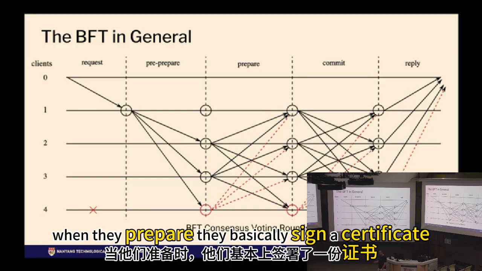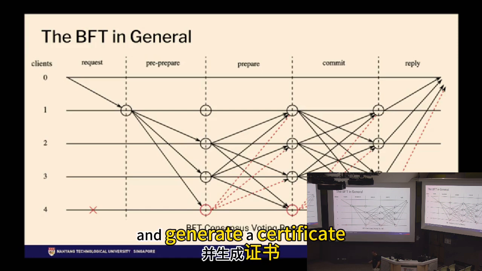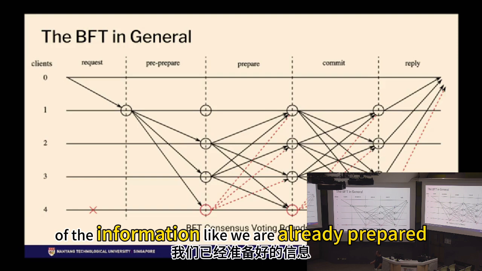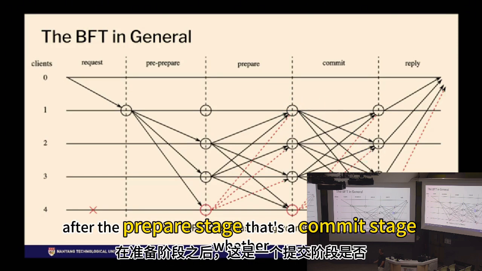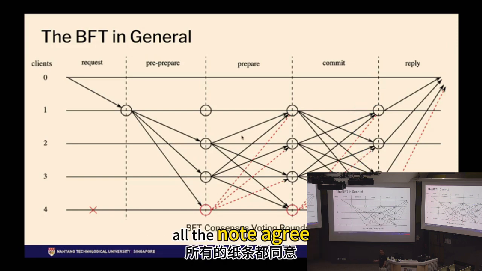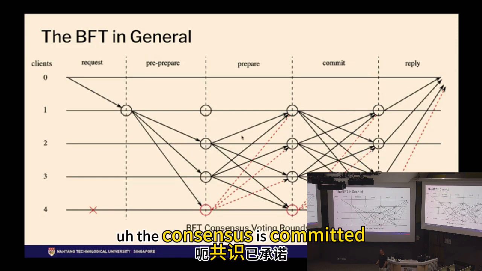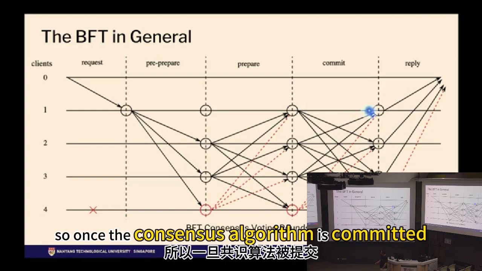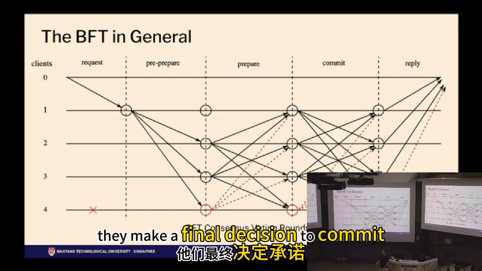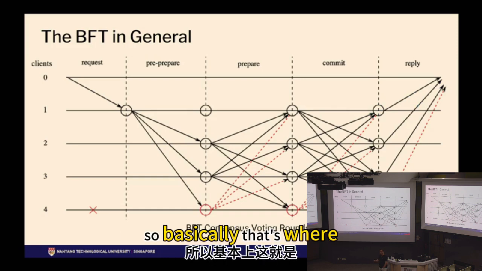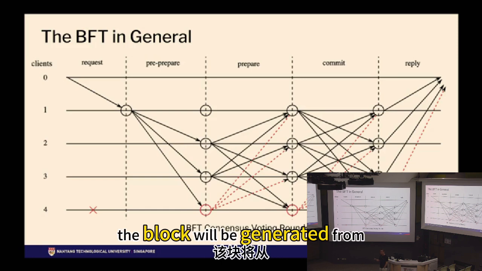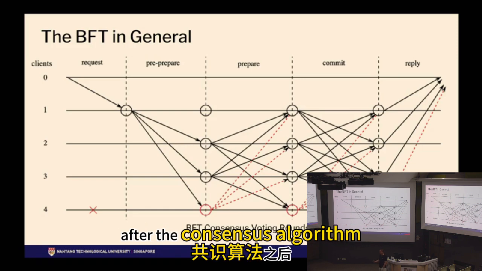When they prepare, they basically sign and generate a certificate of the information that they are already prepared. After the prepare stage, there's a commit stage, where all the nodes agree that the consensus is committed. So once the consensus algorithm is committed, they make a final decision to commit. And when the commit happens, that's where the block will be generated after the consensus algorithm.